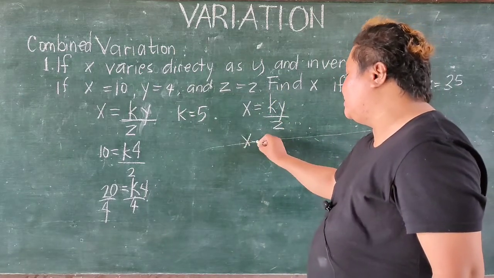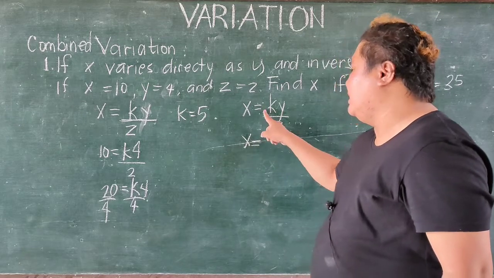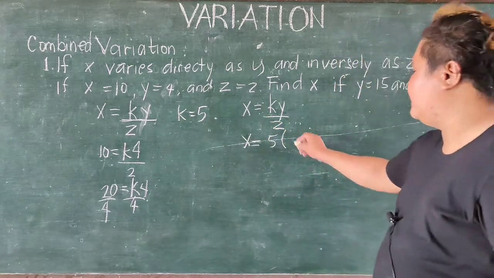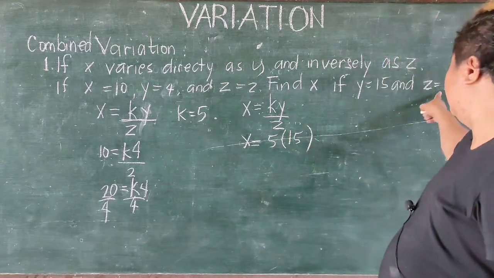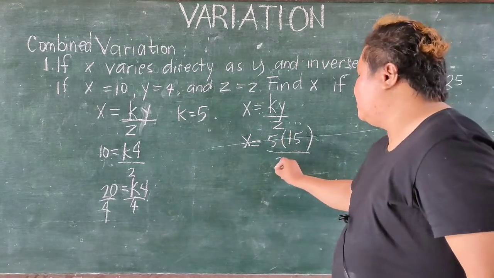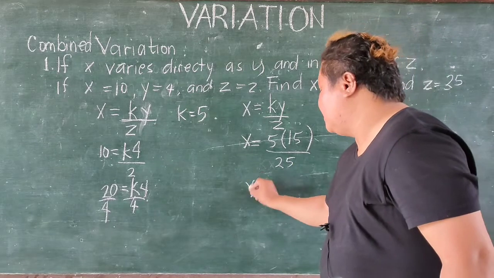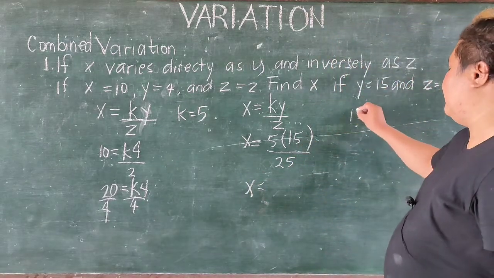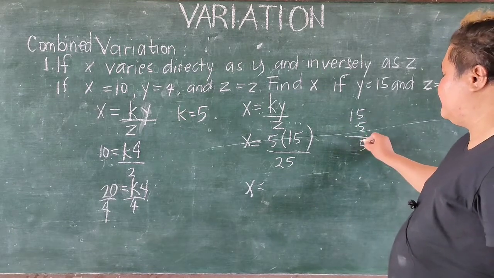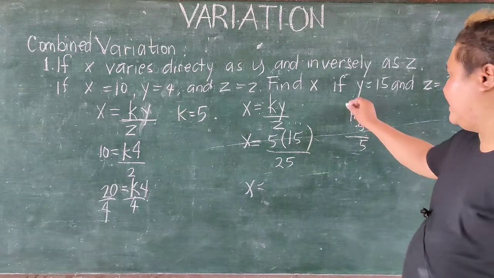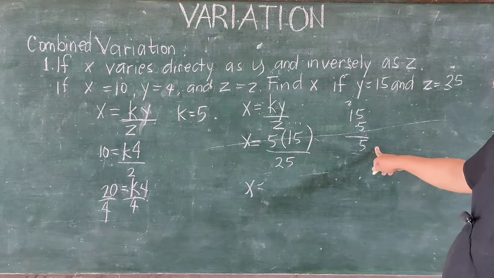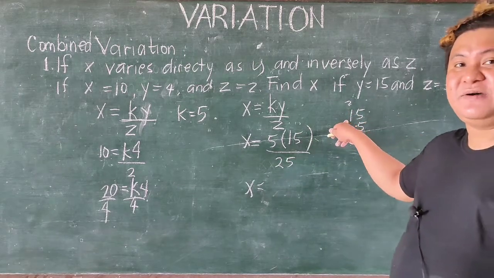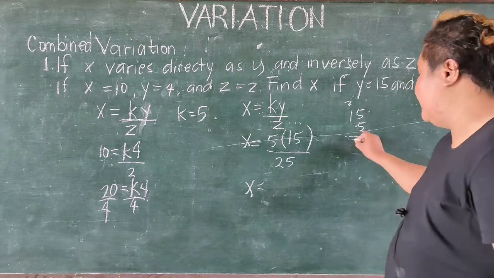Just substitute the value of k is 5, your y is 15, and your z is 25. 5 times 15 is 75.